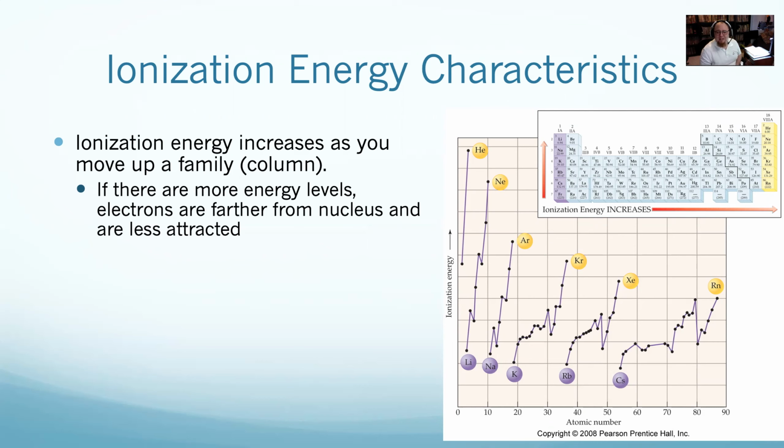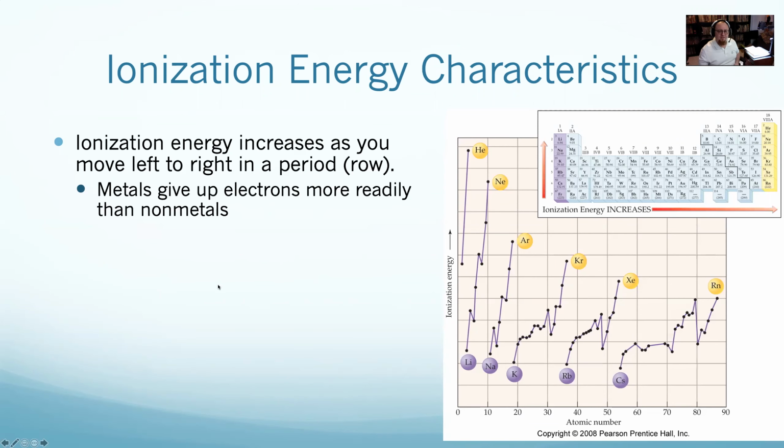Kind of makes sense they match. And that's the general idea. Ionization energy increases when you go up in a family. This is due to more energy levels, so they're further away from the nucleus and less attracted. And ionization energy increases as you move left to right. And this just matches the metallic character. And so ionization energy also follows a periodic trend.